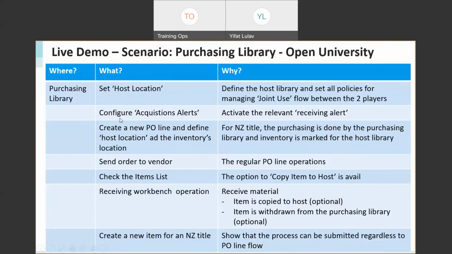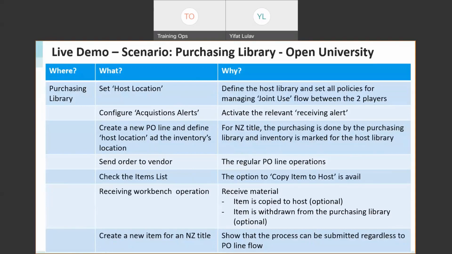There is another configuration that, as far as I remember, we have turned on for all members. It's an acquisition alert saying that when you receive material, that material actually should be transmitted to a host library. I'm going to show it as well.